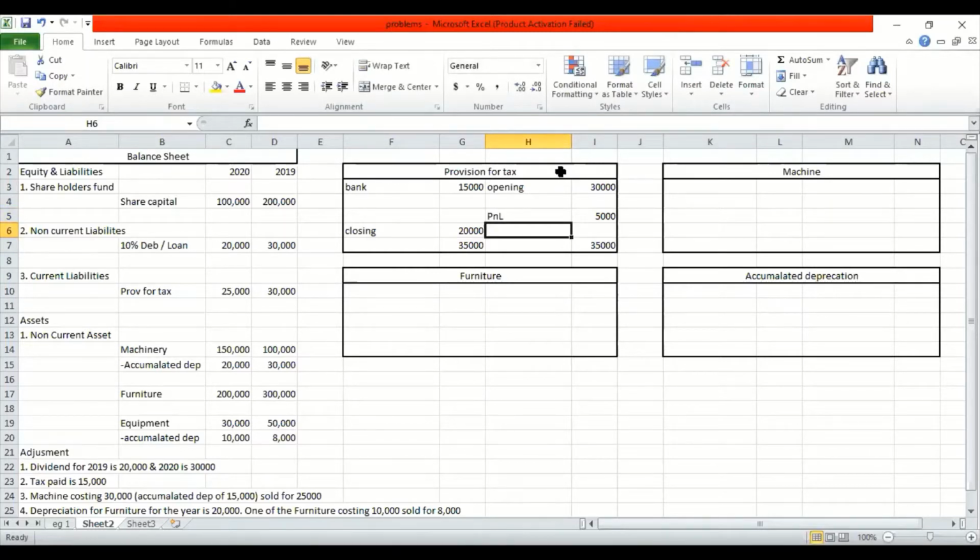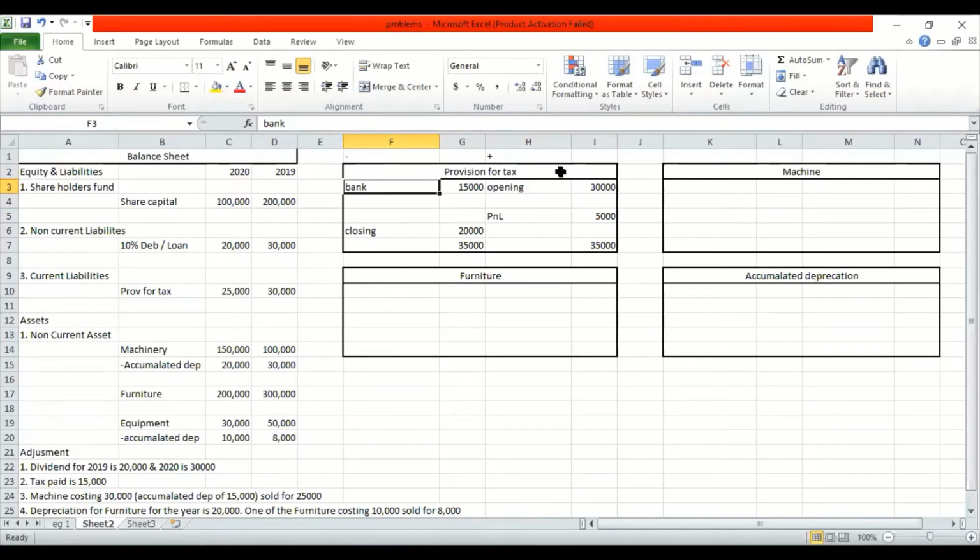Now, when we create a ledger, I always advise the students to write two signs over here. The first sign is minus, and on this side, the sign I put is plus. What does this minus mean? Anything on the debit side has to be minused, and anything on the credit side has to be added. Now, provision for tax, as you know, falls under current liability.